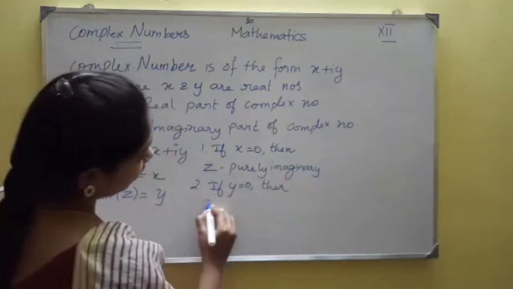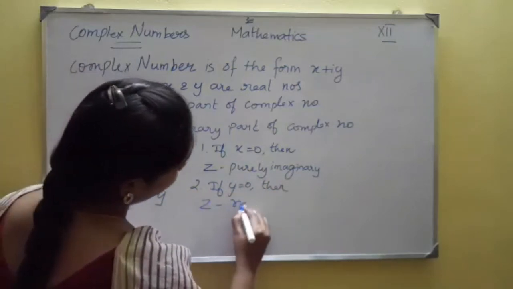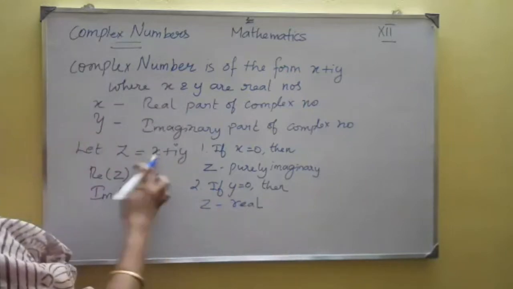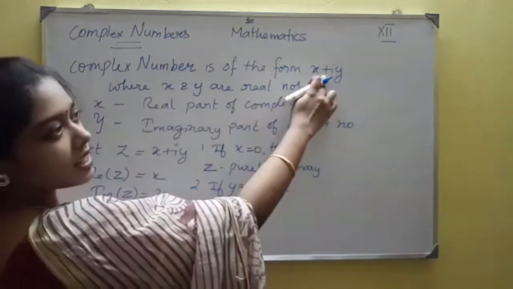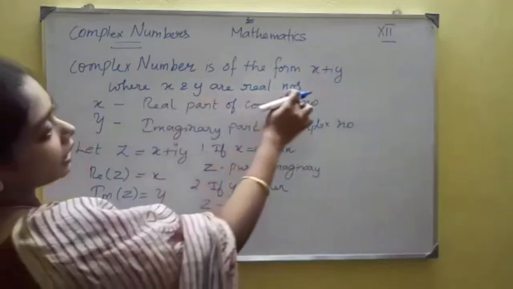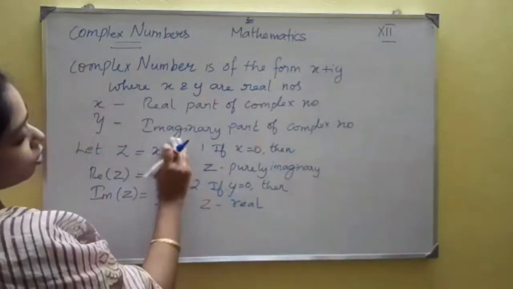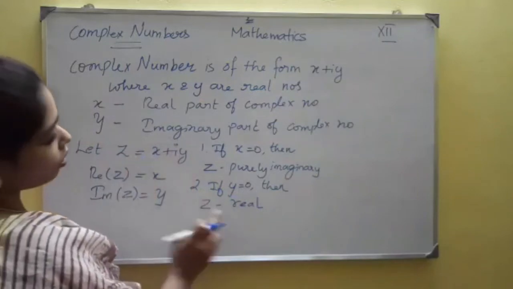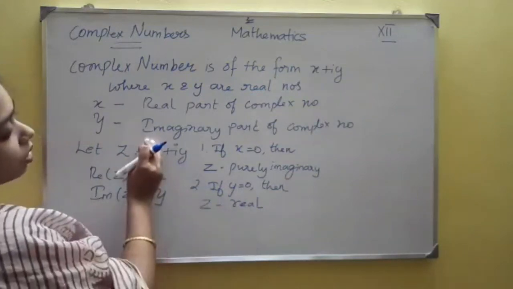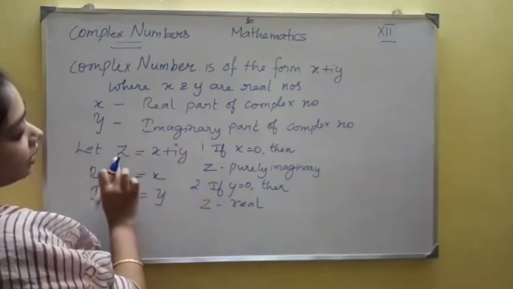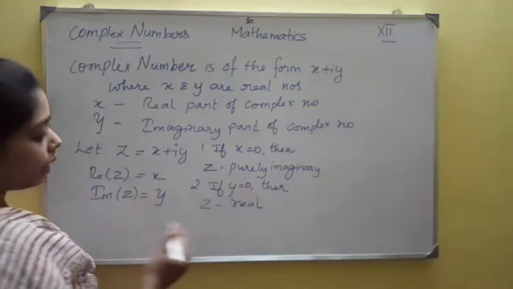Then z is called real. We will get only a real number because a complex number is of the form x plus iy, where x and y are real numbers. So if y is equal to 0, you will get only a real number, so z is real. If x is equal to 0, you will get iy, and that z value is called purely imaginary.